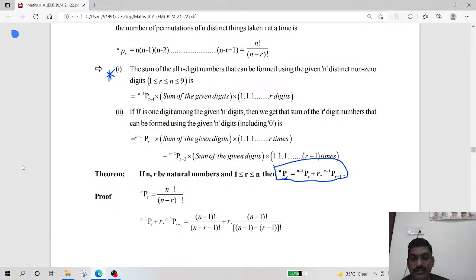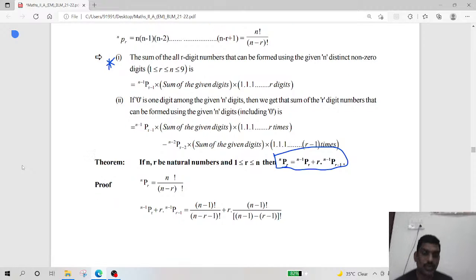What is (n-1)Pr? (n-1) factorial divided by (n-r-1) factorial, plus r times (n-1) factorial divided by (n-1-(r-1)) factorial. The minus 1 and plus 1 cancel, so (n-r) factorial is left. (n-r) factorial can be written as (n-r) times (n-r-1) factorial.